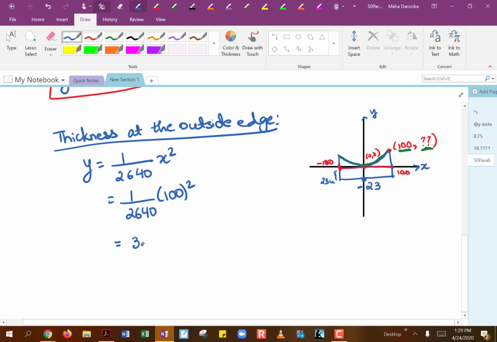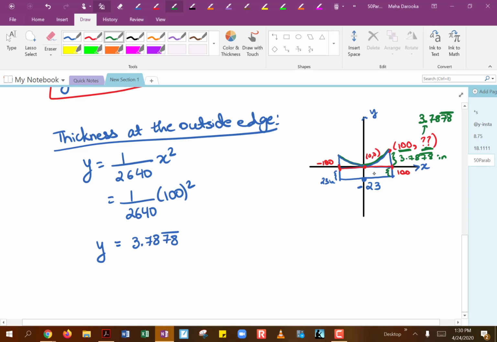This is coming out to be 3.7878, and it looks like that 7878 is repeating. So that's going to give you this y value here as 3.7878 repeating. So we now know this distance is going to be about 3.78 inches, and then we have our distance here, which is 23 inches.